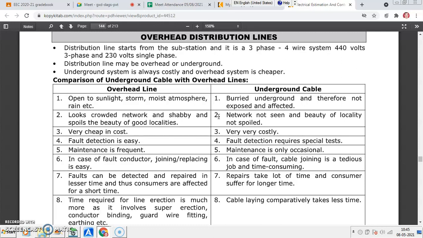Then especially the overhead network looks like a crowded, shabby network. It spoils the beauty of localities. As far as the overhead system is concerned, it is crowded, a number of wires are running over the poles. So it looks somehow bad.